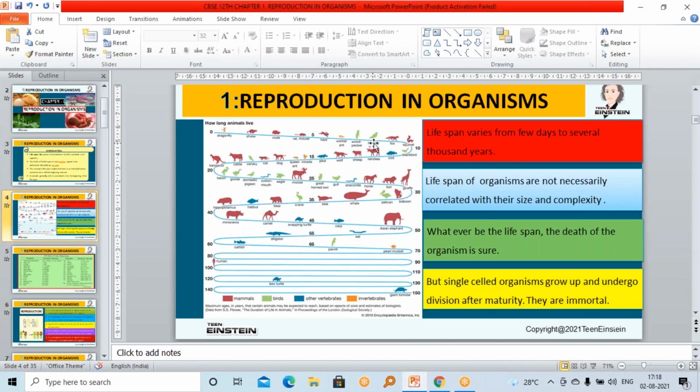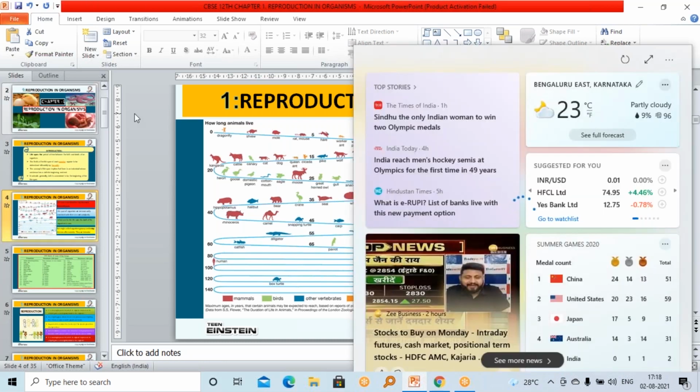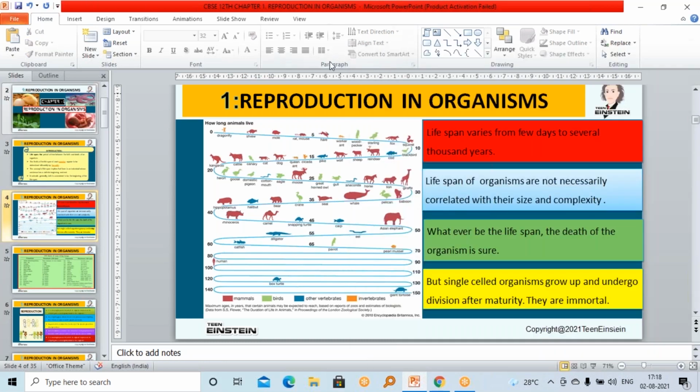Next, this lifespan varies from a few days to several thousand years. You can see in the chart so many organisms with their lifespan. I have mentioned the lifespan here. In the chart, you can see different organisms, right?